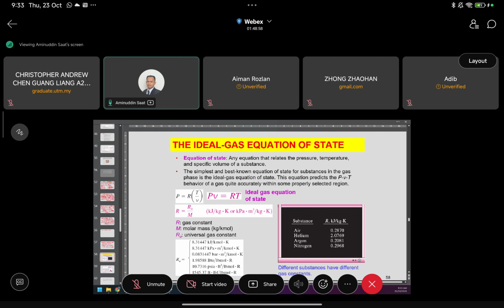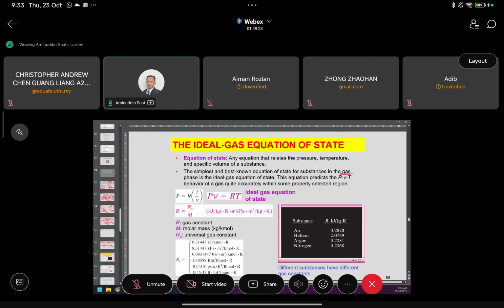Okay, I think this ideal gas equation is commonly you have used it before when you were studying physics. Okay, so what is the ideal gas equation? It is the simplest and the best known equation for a substance in a gas phase.